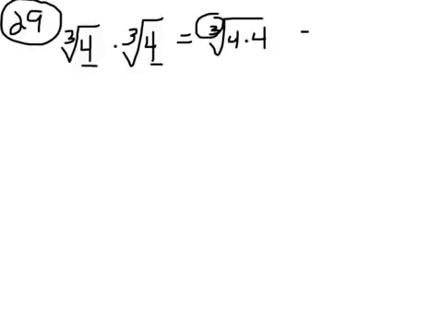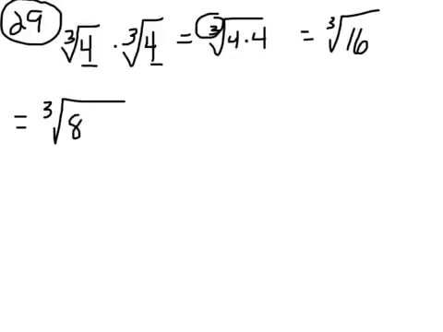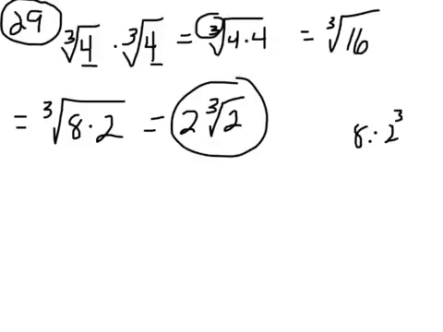Well, that's the cube root of 16. Now, are there any perfect cubes in 16? Yes, 8 is a perfect cube. If you remember, 8 is 2 cubed. So one way to do this is to rewrite 16 as 8 times 2 and say, well, the cube root of 8 is 2, but I've got a 2 left in there that can't come out. That's one way to do it.